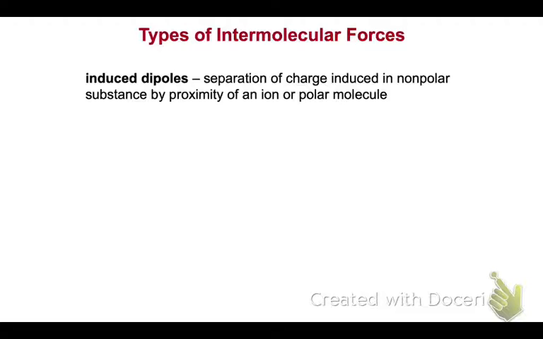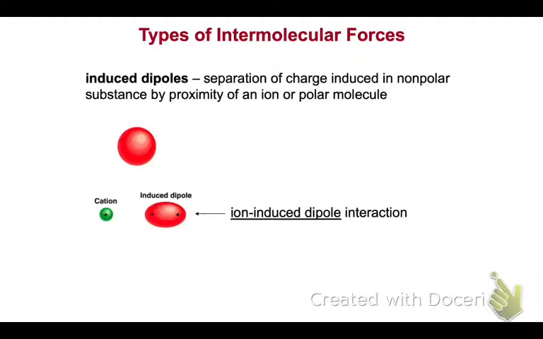Next intermolecular force is what we call induced dipole, which are separation of charges induced in a nonpolar substance by proximity of an ion or polar molecule. So here is a molecule, and if we put it close to a cation or a polar molecule, what's going to happen, there will be an ion-induced dipole.